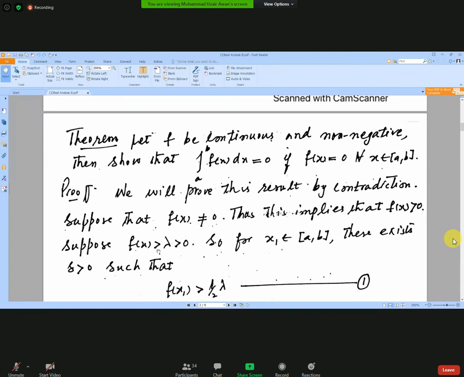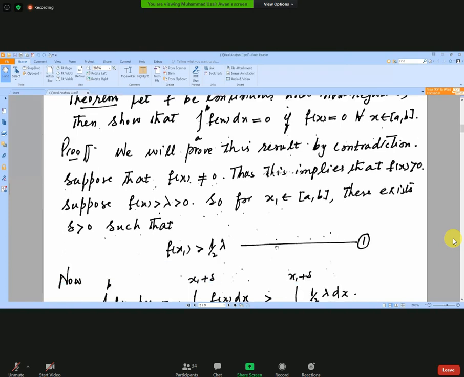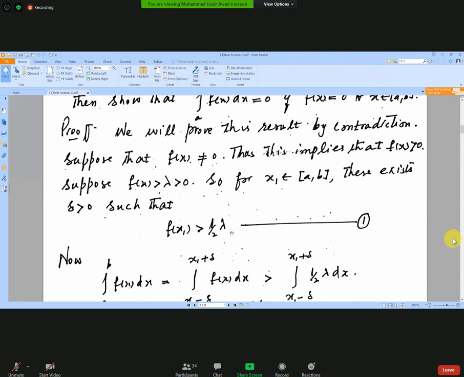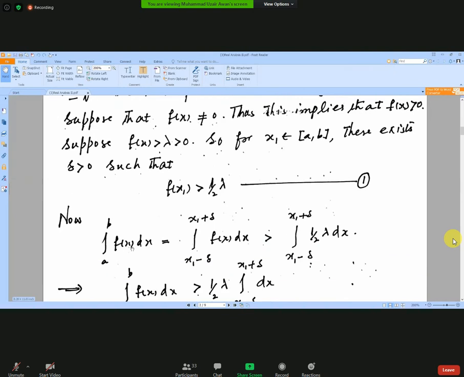Now suppose that f of x is greater than lambda, which is greater than 0. So for x1 any point in the interval ab, there exists a positive delta such that f of x1 is greater than half lambda. इसको हम 1 कह देते हैं. Now integral a to b f of x dx is equal to integral x1 minus delta to x1 plus delta f of x dx, which is greater than integral x1 minus delta to x1 plus delta half lambda.